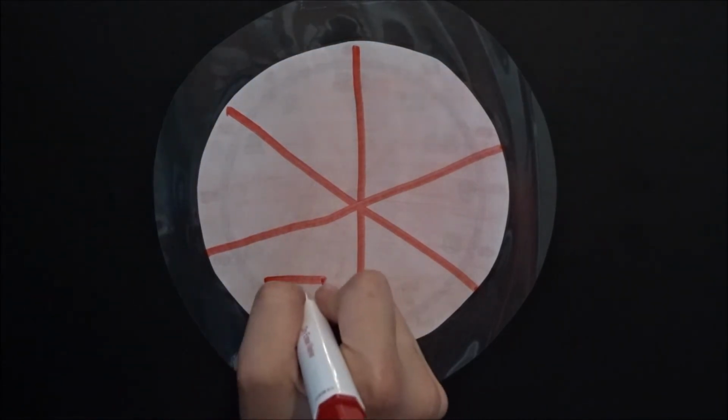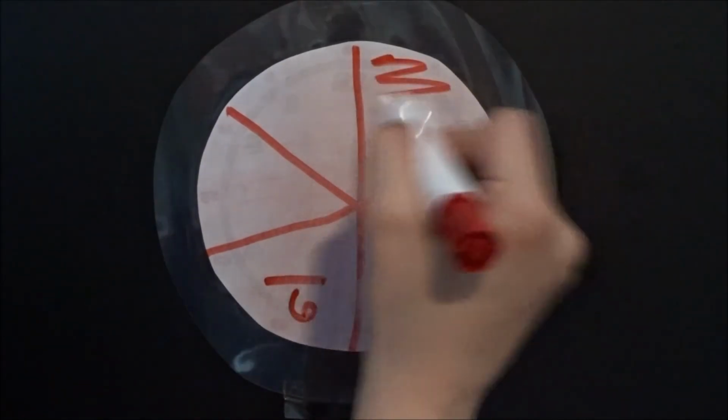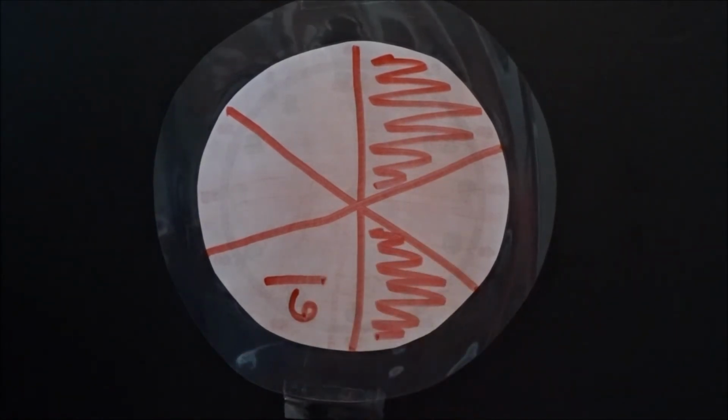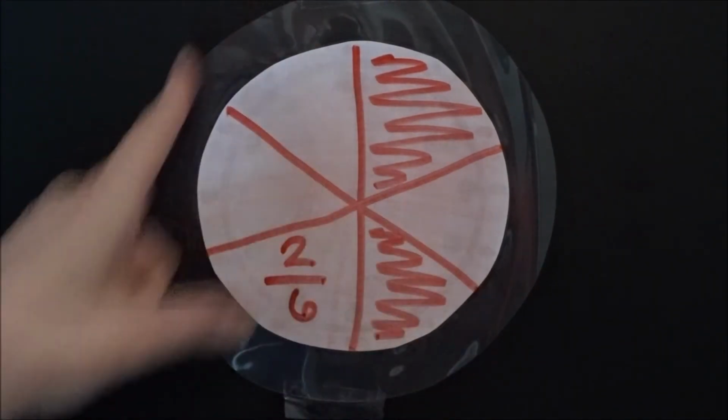If you said on the bottom, you are right. Now if we chose to eat this piece and this piece, what number would go on top? You're right, 2, because we ate 2 pieces of the total 6.